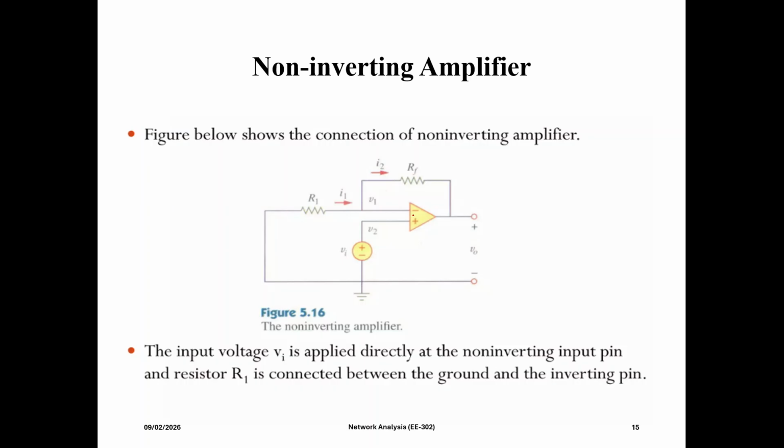The feedback resistor is connected between the output and the inverting input. Here I1 and I2 are represented by red arrows.